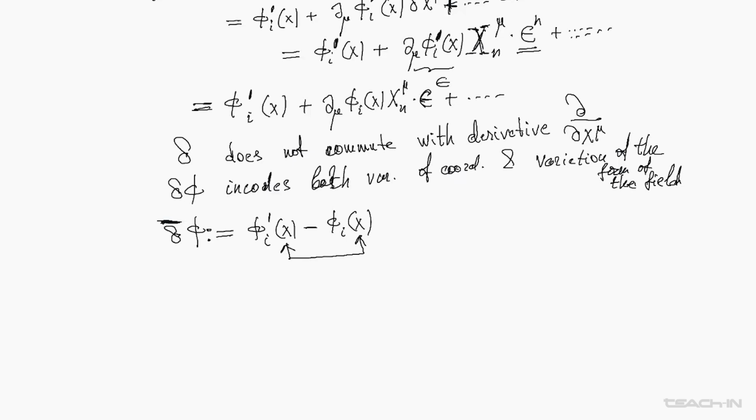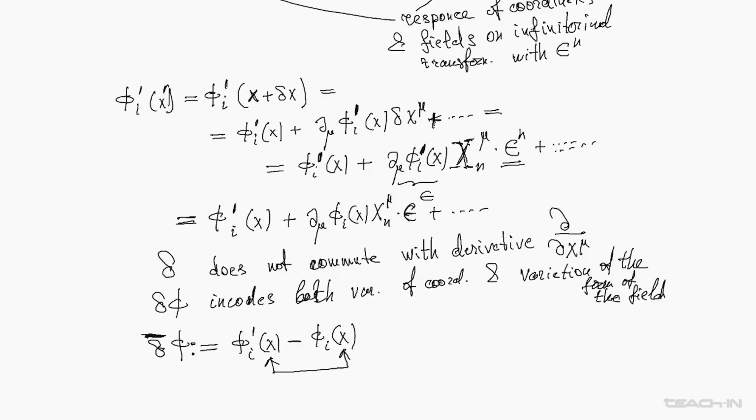You can find what this variation is: it is phi I n minus d mu phi I times x n mu multiplied with epsilon n, and I throw away higher order terms again.